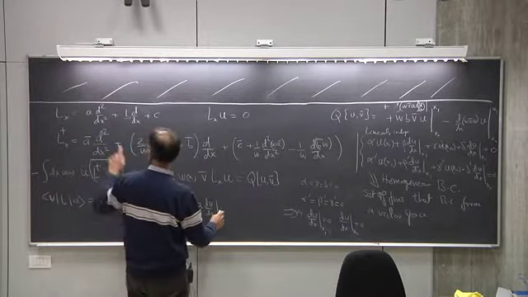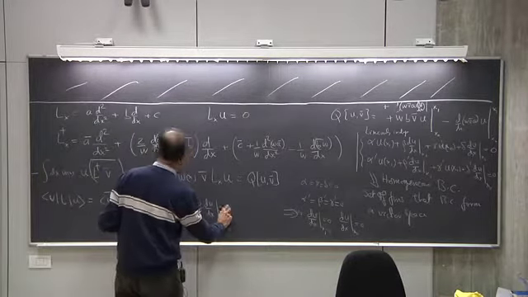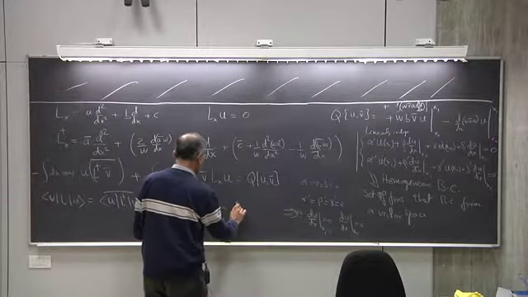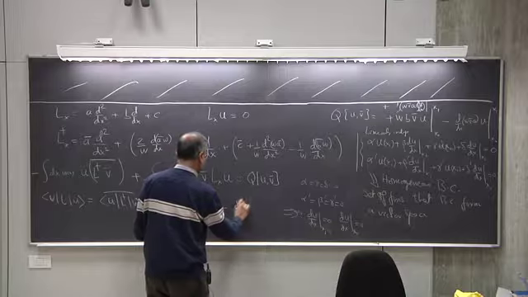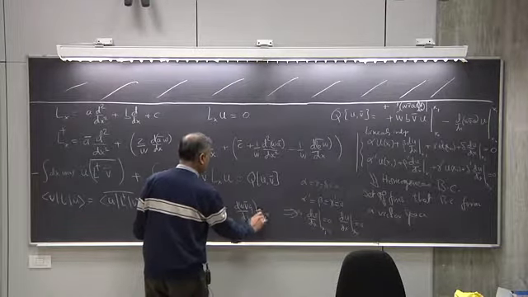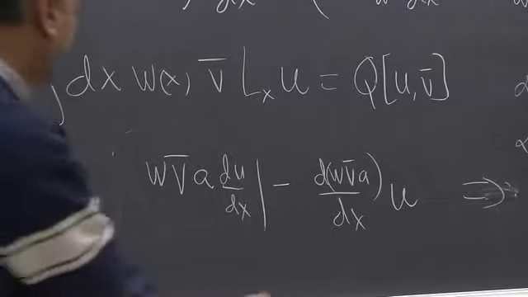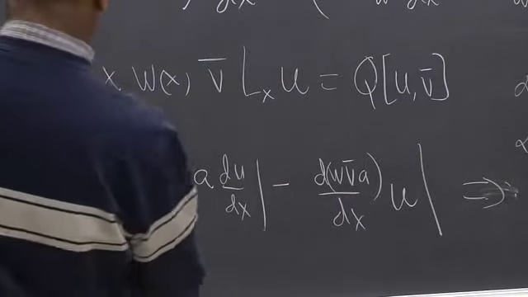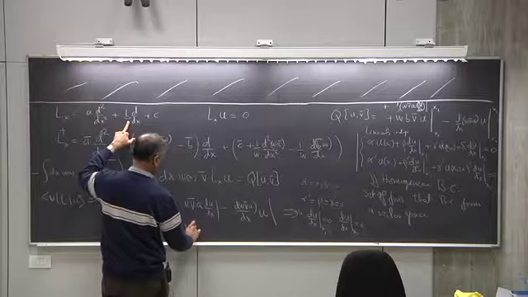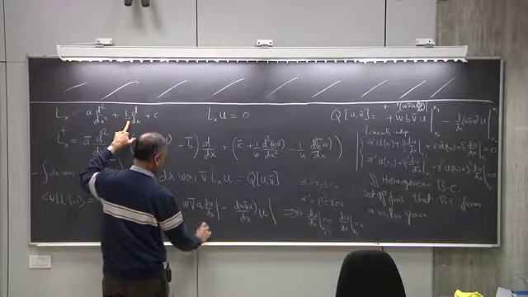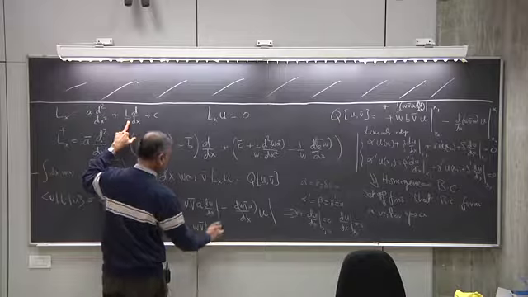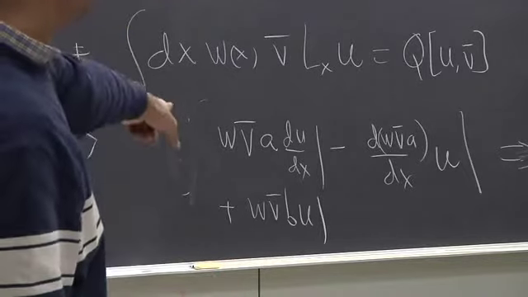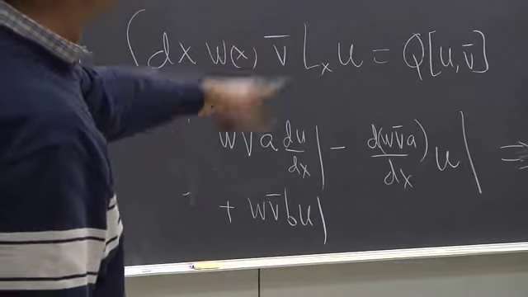Then there's a minus sign, now that the derivative has already hit this guy: d(w v bar A) by dx, and then u, again with the endpoints. And this one is easier: plus w v bar B u. Yeah, that's what it is. This is exactly the expression. Right, that's fine.